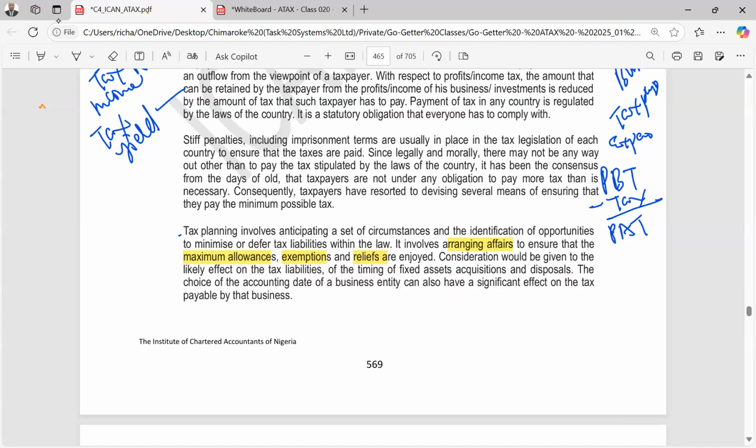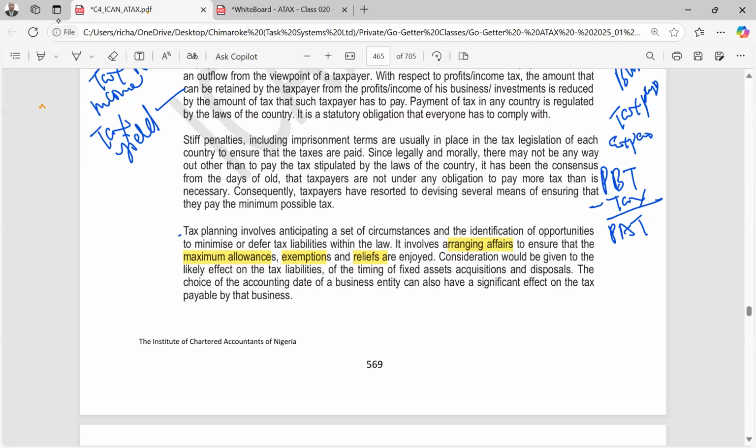But if you wait till January 1 instead of buying it and using it in December, if you have waited just 1 month, and you claim full allowance for that year, it reduces your tax. So you might choose, okay, should I wait for 1 more month and claim full capital allowance? The timing of disposal is also important.